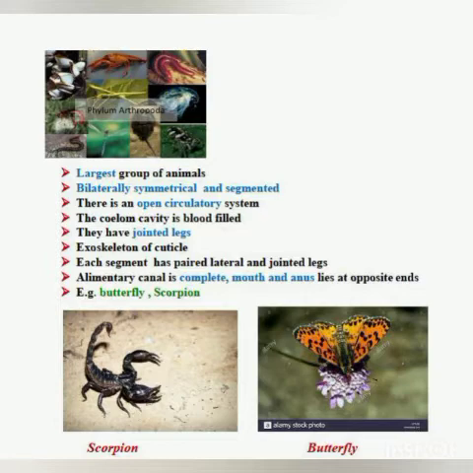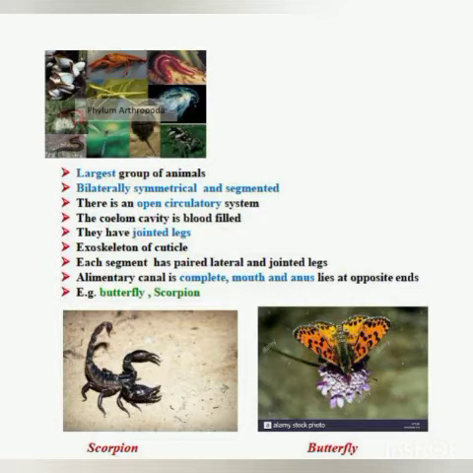I told you that the body is divided into small portions which are called segments, and in each segment, on the sides, which are called lateral, are present the jointed legs. So the number of segments is the number of paired legs as well.